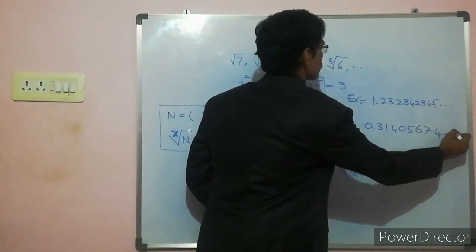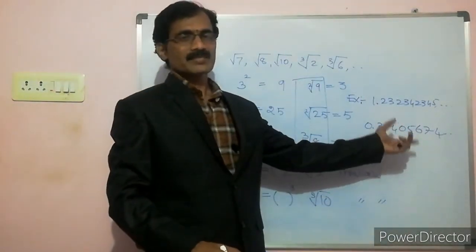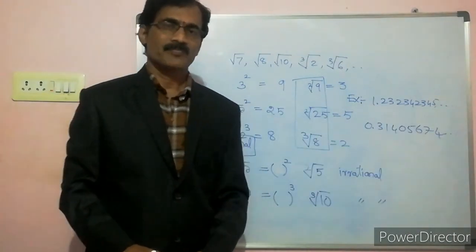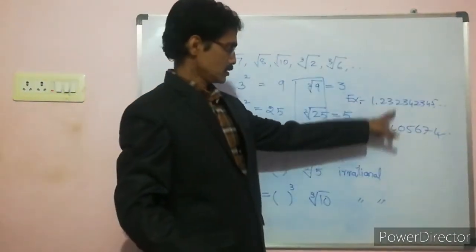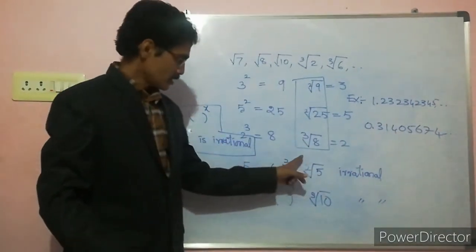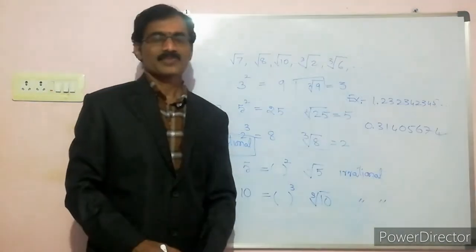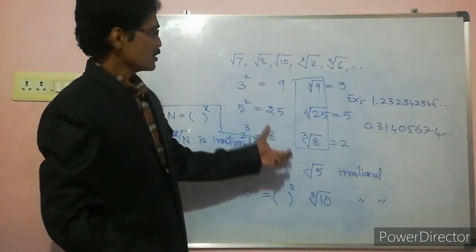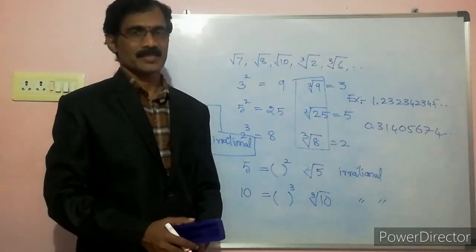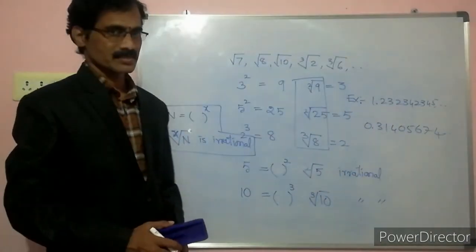Another example, 0.31405647. This type is neither terminating nor non-terminating repeating. So these types of decimals are also called irrational numbers. So this is about irrational numbers. I think you have got some idea about irrational numbers with this class.